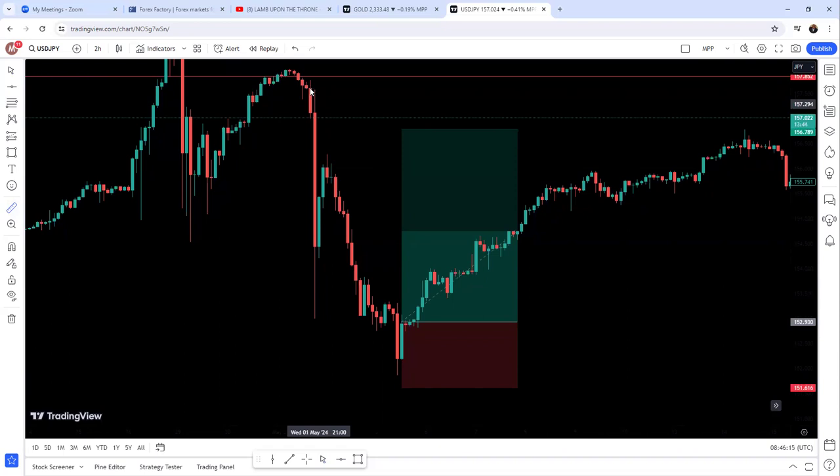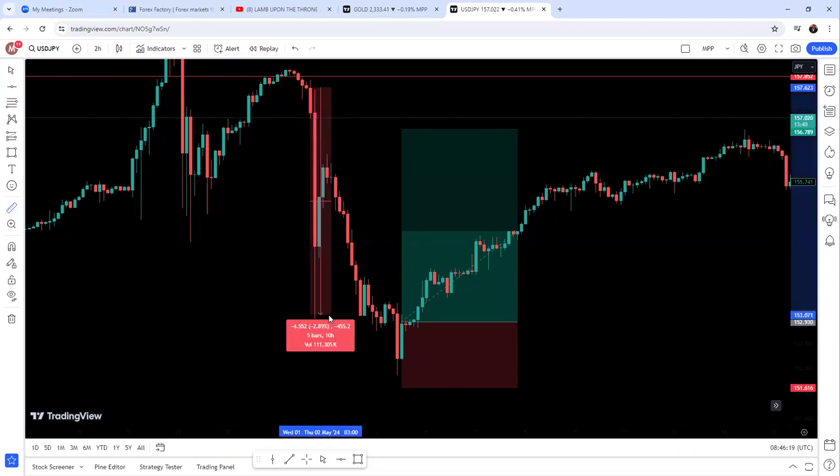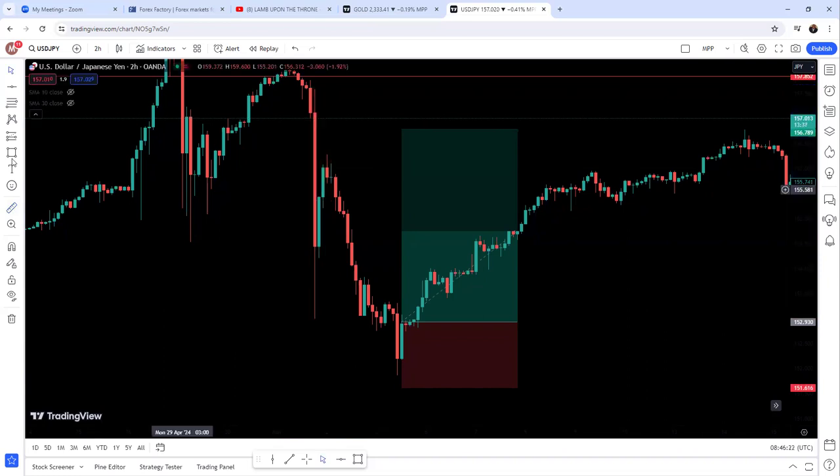Yes, you might not get a lot of pips out of it, but there are going to be times when you definitely can get enough. If it's gold, for instance, that's a good example. With gold, just one bar, and this is a 2-hour time frame.